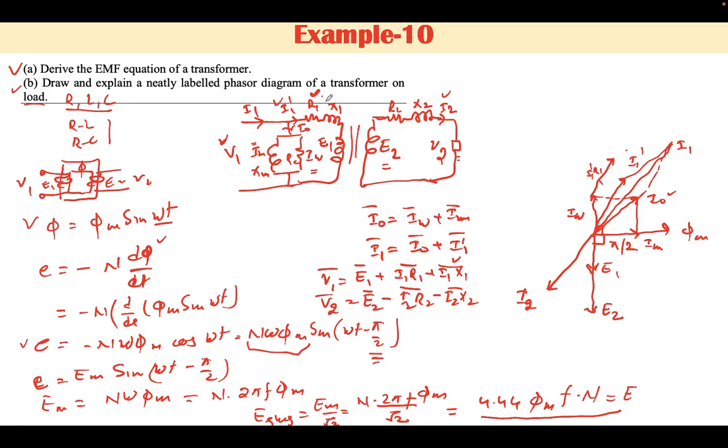The voltage drop in reactance X1 due to I1 dash will be at 90 degrees with this resistive drop. This will be I1 dash X1, and joining this point with the origin, this will be V1. Now this vector is minus of E1. This vector E1 is reversed, and with the reversing of E1, we can add these two vectors.